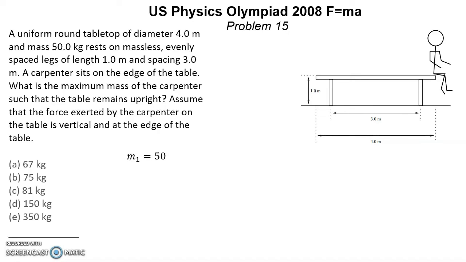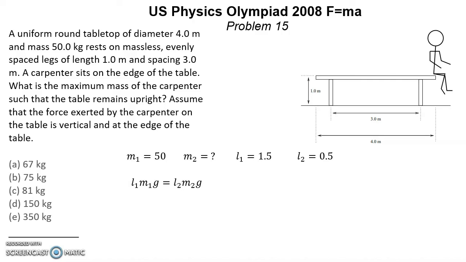Suppose that m1 is the mass of the table, and m2 is the mass of the carpenter, still unknown. The distance between the center of mass of the table and the right leg is 1.5 meters, and the distance from the carpenter to the right leg is 0.5 meters. Now we can write the equilibrium equation for this system.